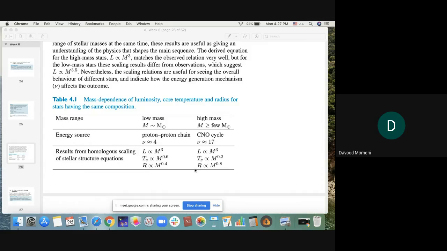If you add some mass to the star by any process, for example, which one of these stars, low mass or high mass, has a greater chance to increase its radius?